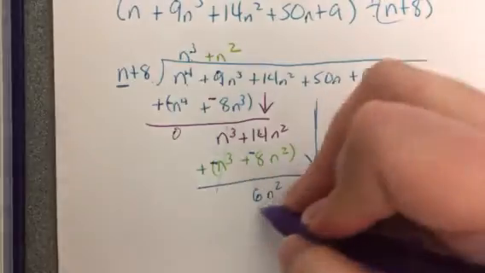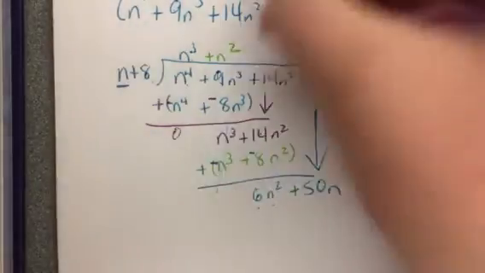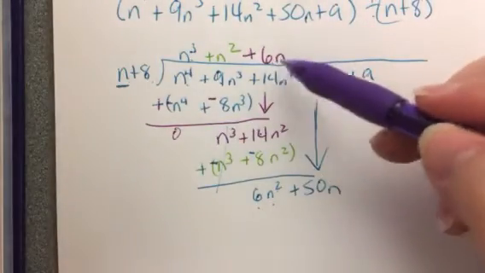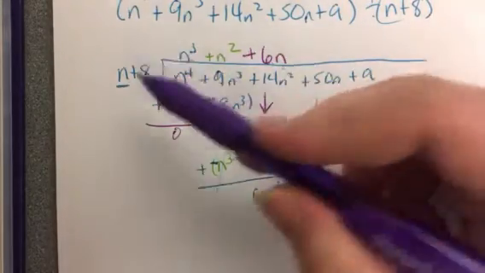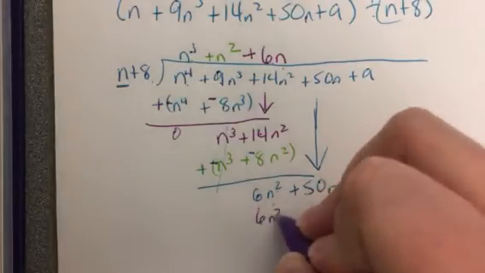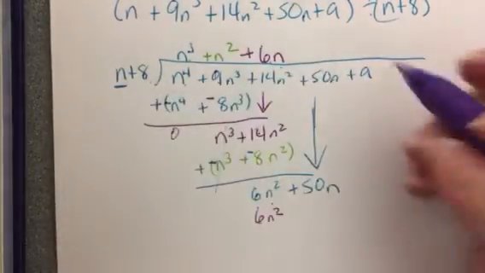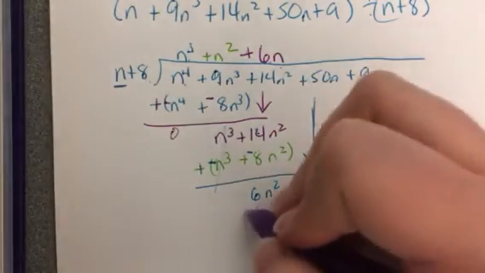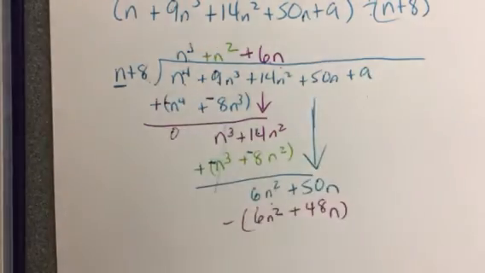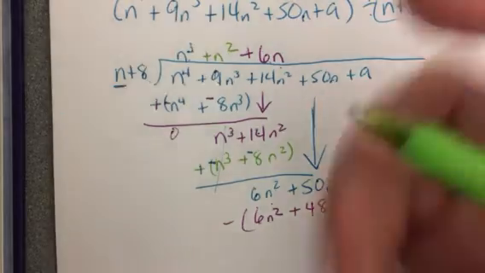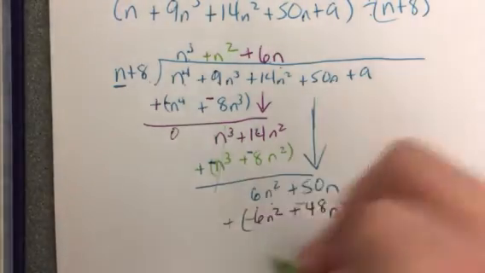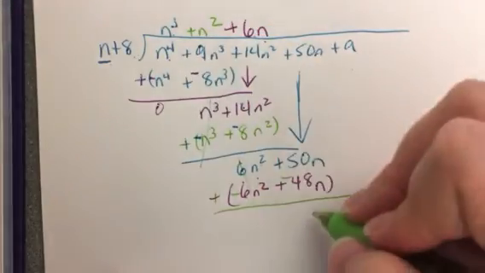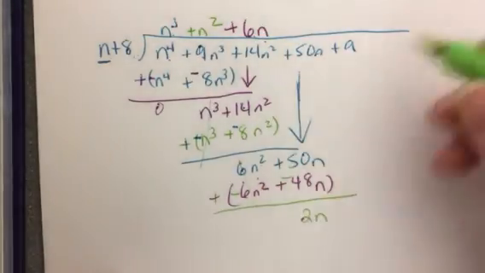And here we go. 6n squared divided by n is 6n. 6n times n is 6n squared. 6n times 8 is 48n. Subtract. Change your signs. That becomes 0. 50n plus negative 48n is 2n.